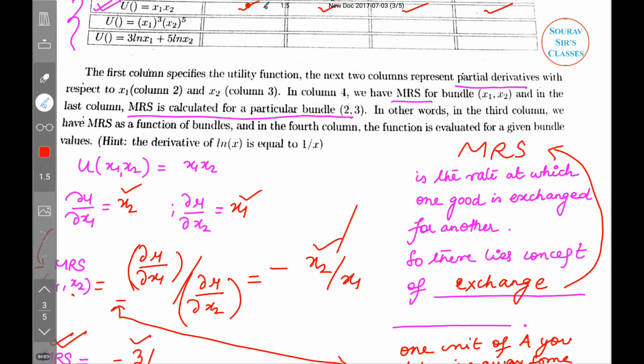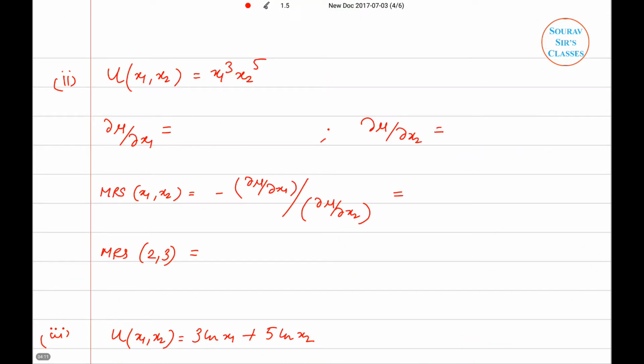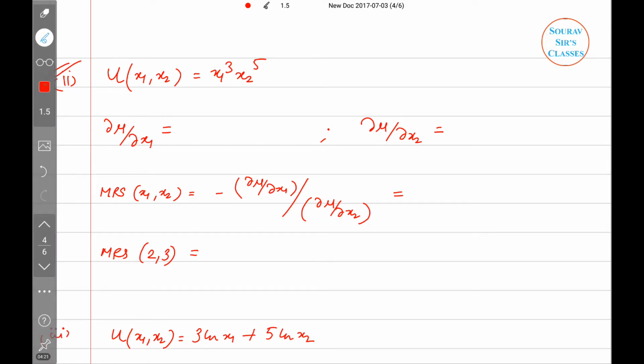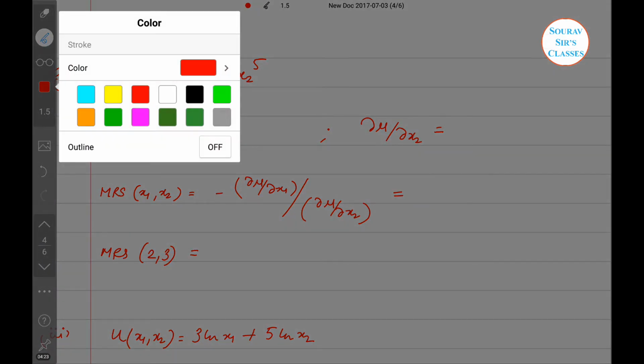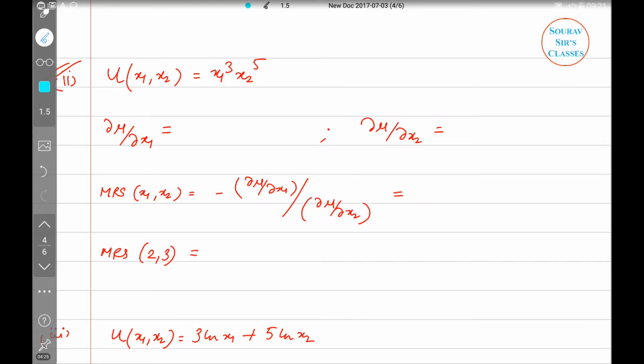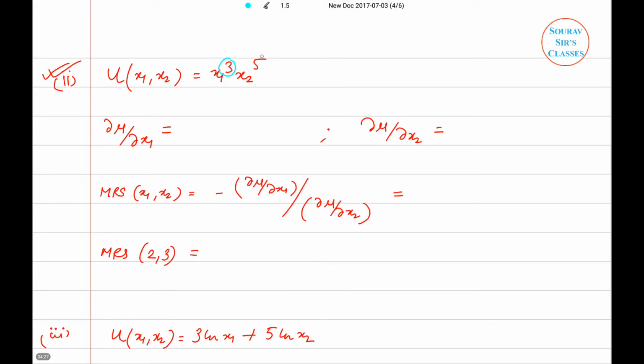Moving on, let me now insert an extra page for you guys. Now let us perform the same exercise with regard to the other two functions. Now in function number 2, we have the same product form, but in this case we have powers.